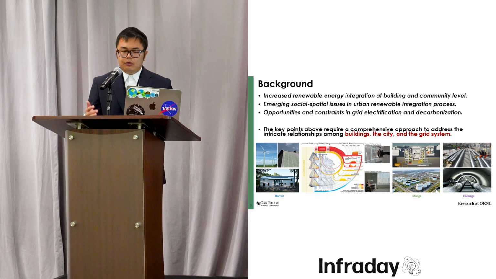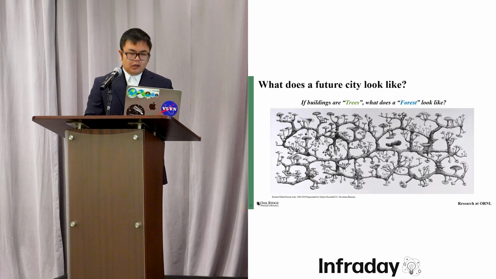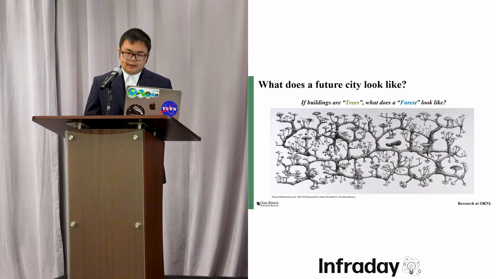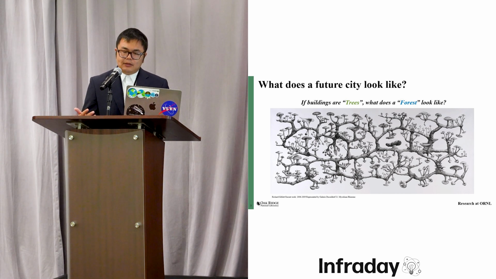So this will require architects, urban planners, engineers, as well as stakeholders to have a more collaborative approach to resolve the renewable energy integration issues for the built environment. So theoretically, in the future, if we consider a building works like a tree, right, that can metabolize the energy by itself, the fundamental question here is, what does a forest look like?